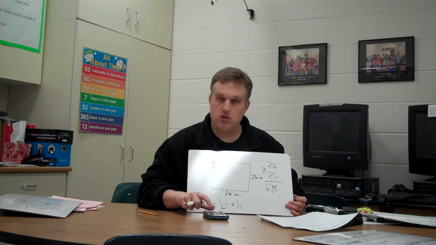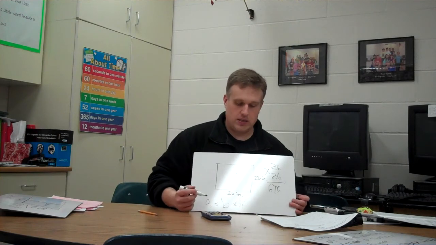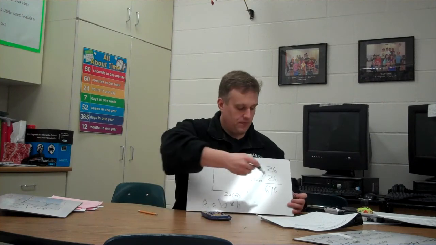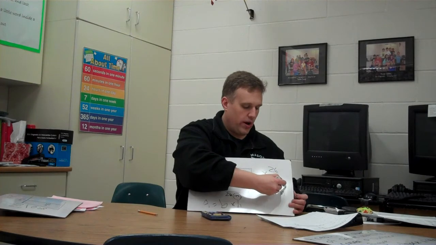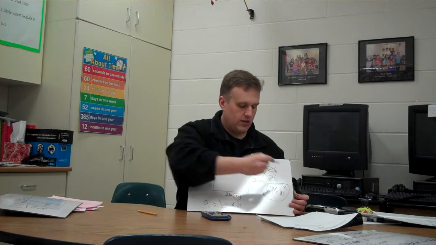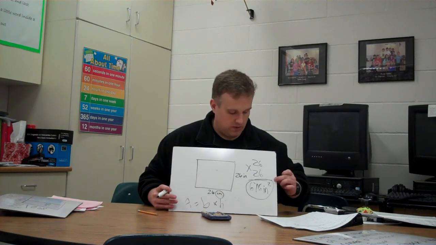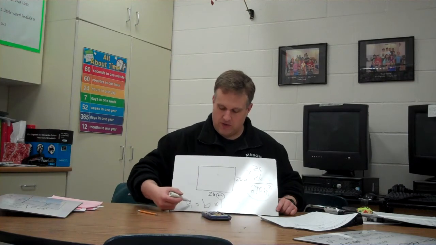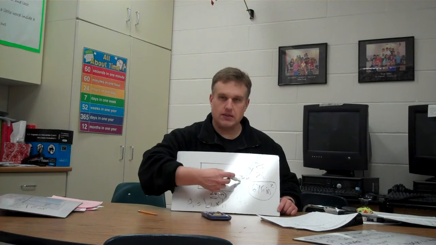Okay, and we'll do it one more time, just double check my work. 26 times 26 equals 676. So again, I need to look at my label, which is inches. So I know that's going to be my label, 676 inches squared. Again, do not leave off the label, do not leave off the square part of it. 676 inches squared. Okay, so again, all we did is find the area, is we found the base, right here, times the height.